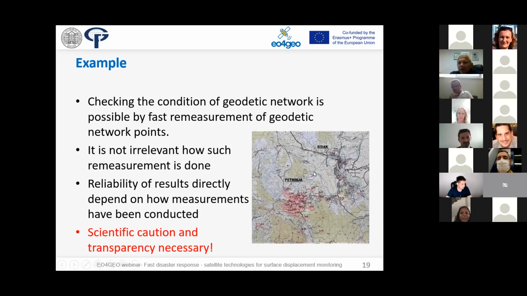Going back a little bit to the Sisak CORS permanent station, you can see in the picture that Sisak is surrounded by the rivers Kupa and Sava. Here is Sava, here is Kupa river, and you can see that both rivers are meandering, so they are not going in line.